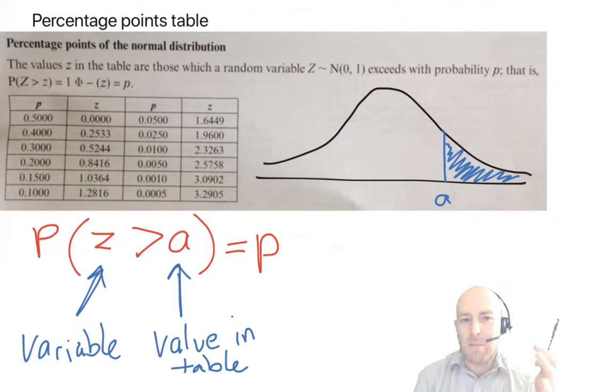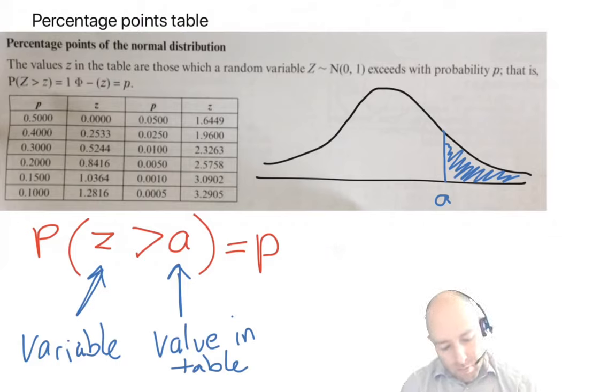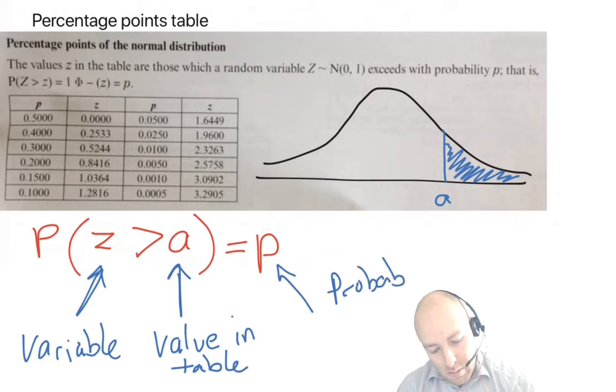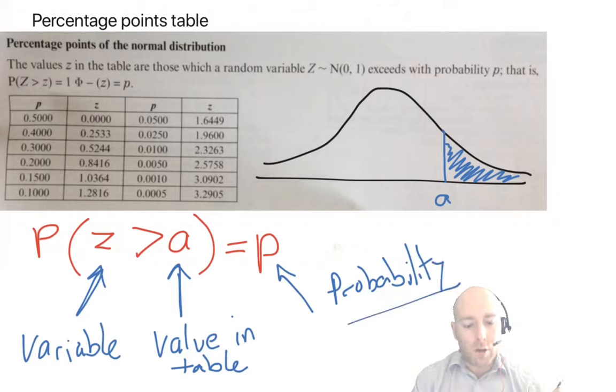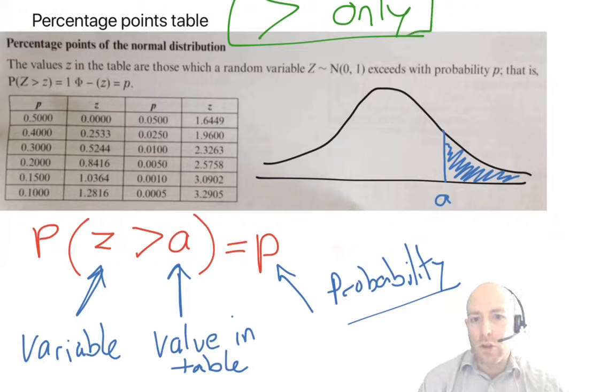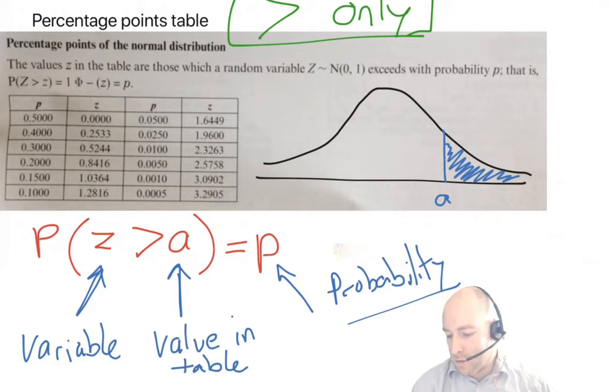So it's the same thing. You don't have to call it A, you can call it X, you call it Z, call it whatever. But it's the value in table. And then probability is the probability. Be careful though, it is greater than only. Greater than only. So if you want to use it for less than, you've got to be a bit clever about it, and there's got to be some strategy involved.